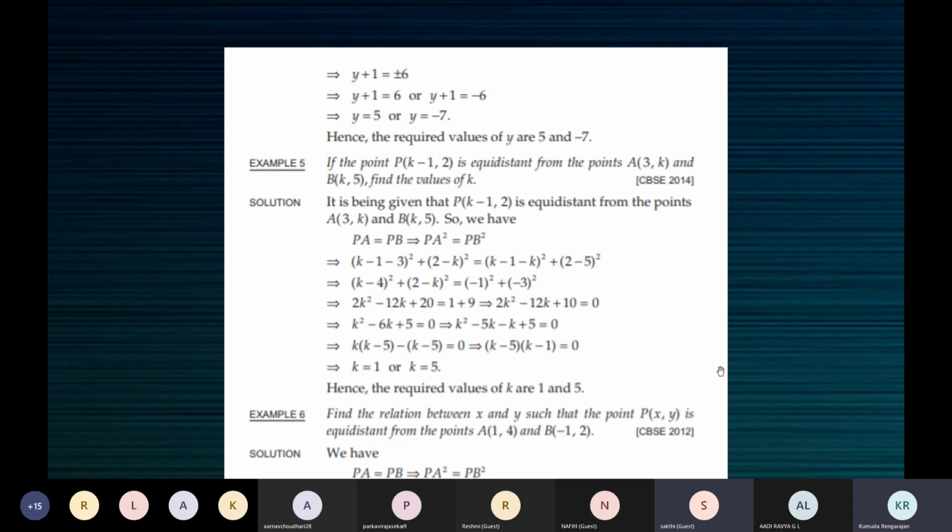Plus, ma'am. So this is PB, right? x plus 1 the whole square plus y minus 2 the whole square. You sure you got it? Okay, fine. Solve that, children, all of you.